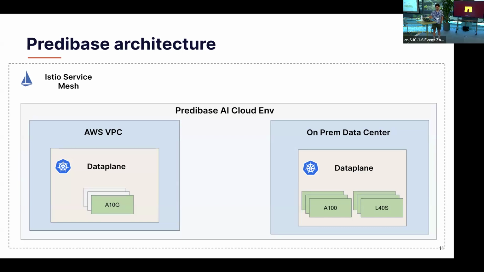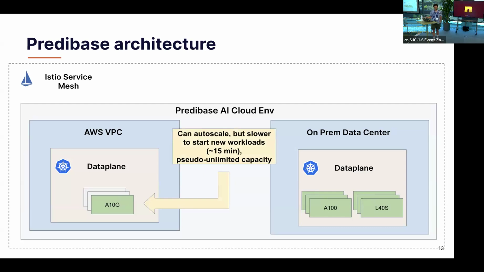So as you can see, these clusters have different attributes. On one end, we have the AWS cluster, which can auto-scale these A10Gs off and on. Unfortunately, because LLMs are large and containers are large, it sometimes takes 10 to 15 minutes to acquire a new node, download the AMI, and start it up.